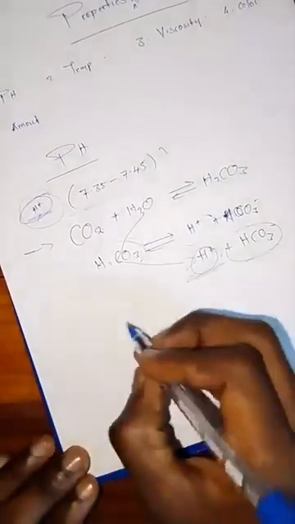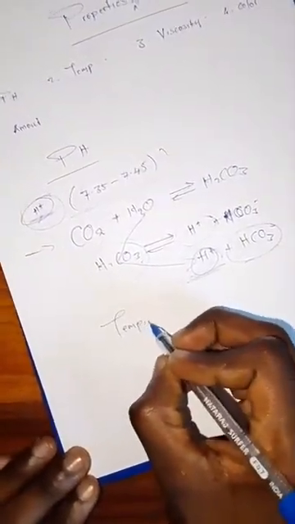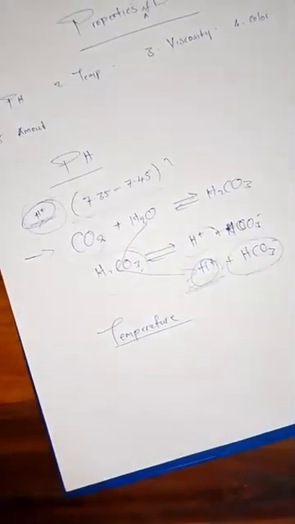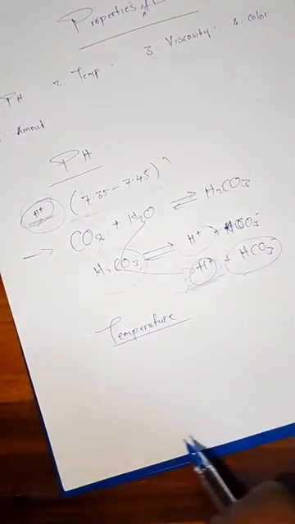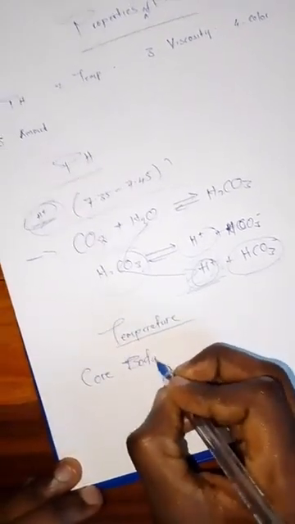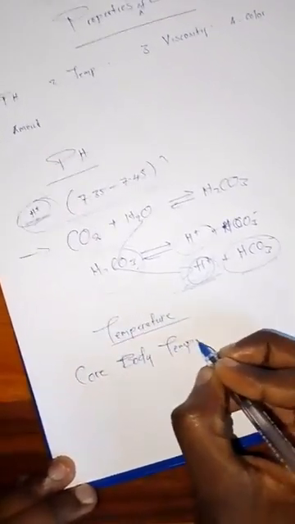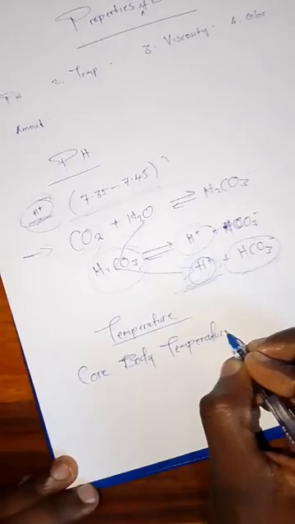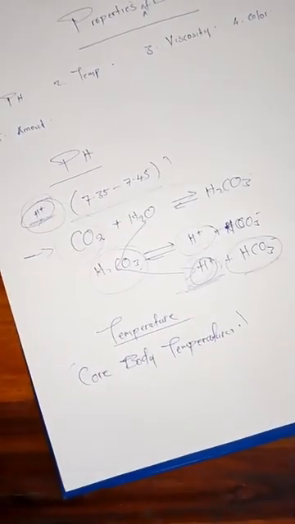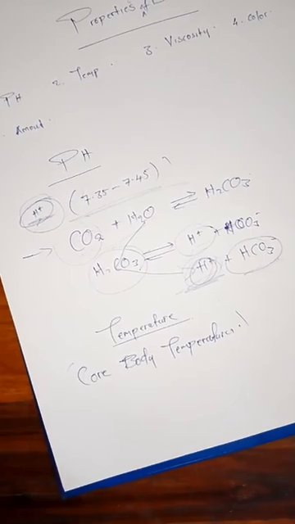Then the other property that we can talk about is temperature. Basically the temperature of the blood is slightly higher than what we call the core body temperature. The core body temperature is the temperature of the deep tissues or the deep organs of the body.